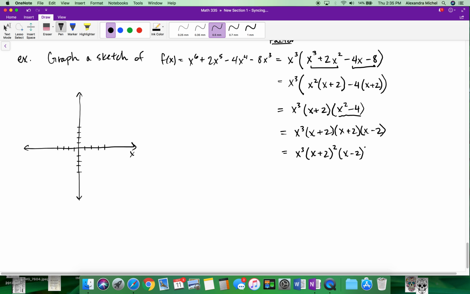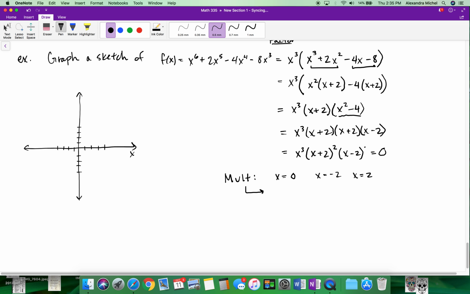So now we have to think about multiplicities of each root. If this is equal to 0, then I could have x equals 0. I'm going to write this over here. So I can have x equals 0, x equals -2, or x equals 2.